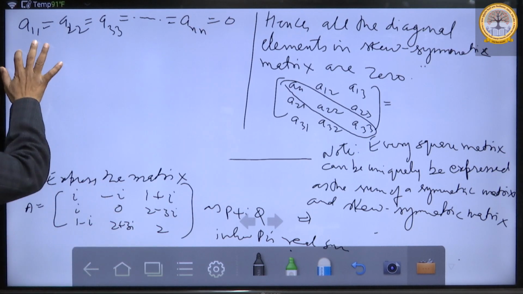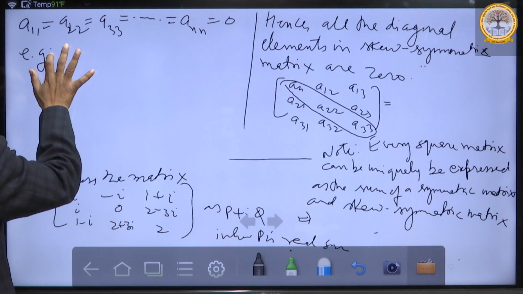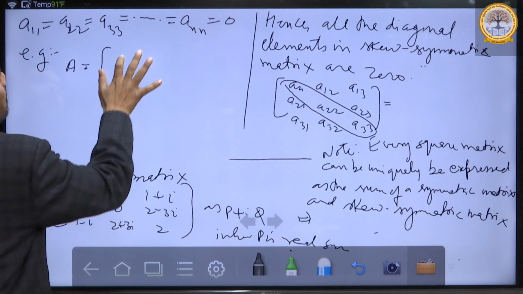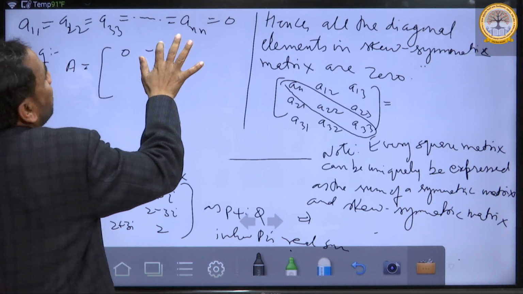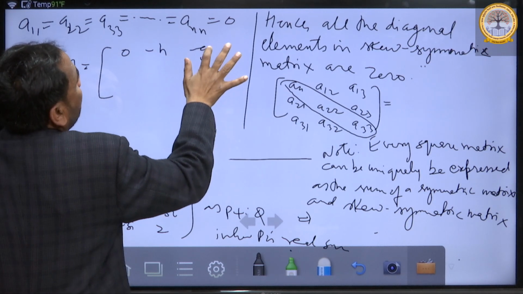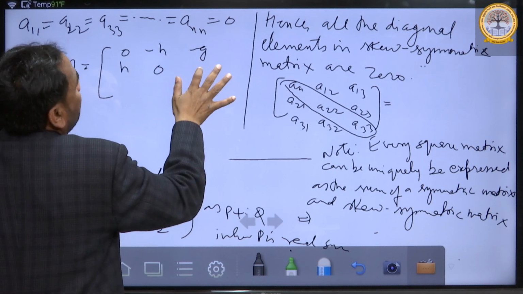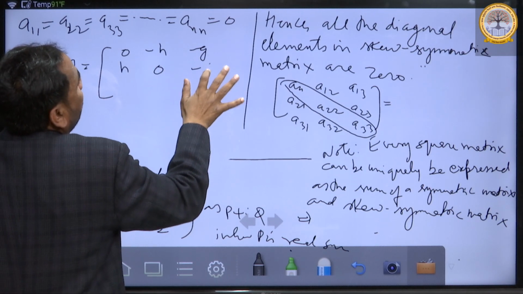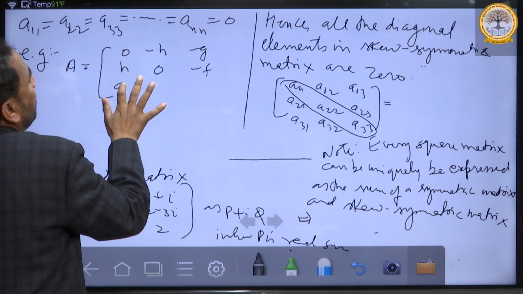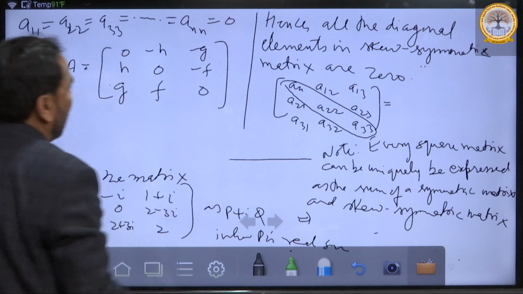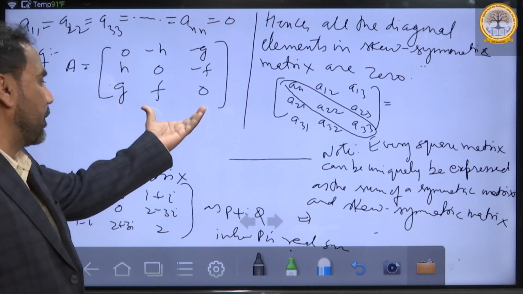For example, here matrix A is equal to 0, minus H, minus G; H, 0, minus F; G, F and 0. This is the example of skew symmetric matrix.